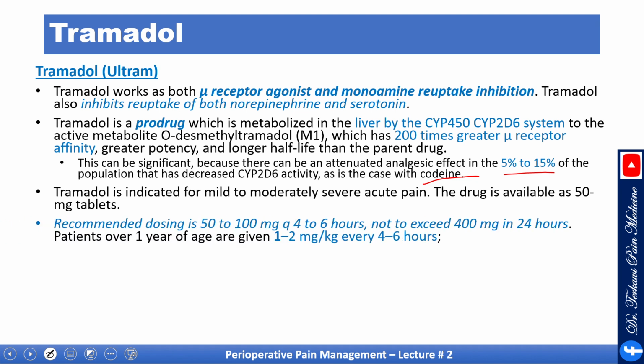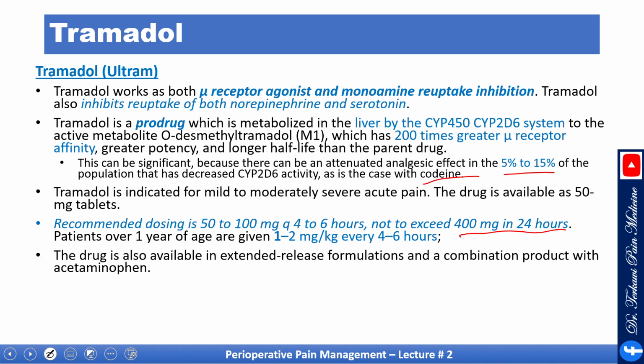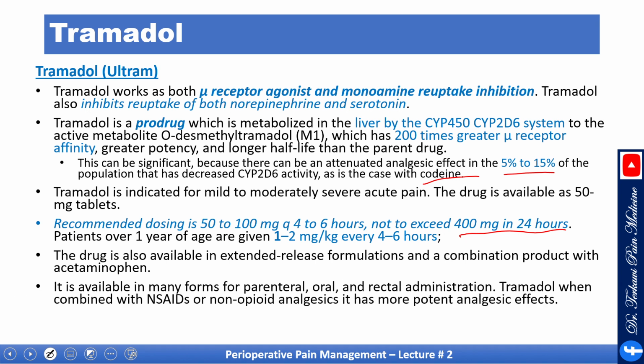Recommended dose 50 to 100 milligrams every 4 to 6 hours, not to exceed 400 milligrams in 24 hours. Patients over 1 year of age are given 1 to 2 milligrams per kilogram every 4 to 6 hours. The drug is also available in extended release formula and can be combined with acetaminophen. It is available in many forms: parenteral, oral, rectal, etc.